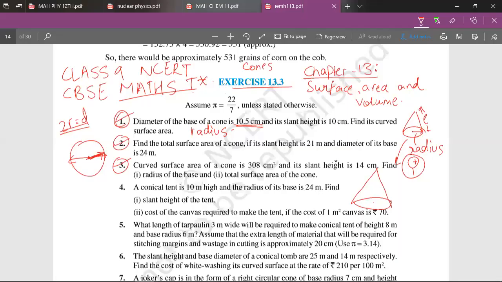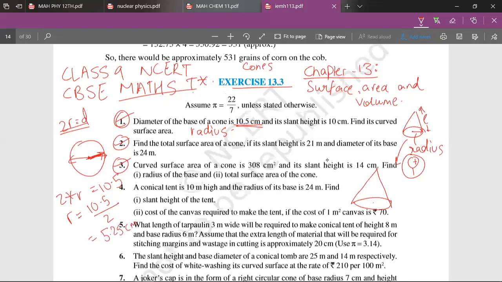Our diameter that is given is 10.5 centimeters, so we'll solve for the radius. 2 into r, r's value is not given, so we'll write it like that. We'll assume r to be r, and d is given, so 10.5, and r is equal to 10.5 divided by 2, which is 5.25 centimeters.